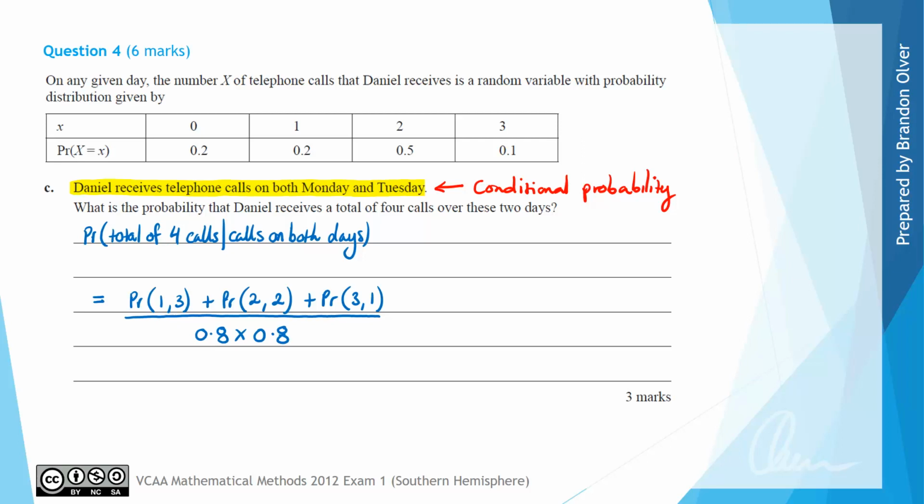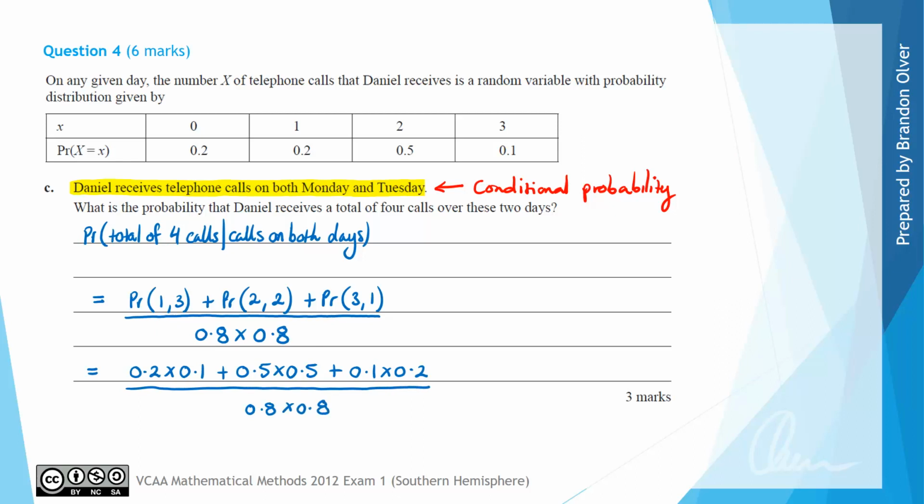So this equals the probability of getting 1 call, 0.2, times the probability of getting 3 calls, 0.1, plus the probability of getting 2 calls multiplied by the probability of getting 2 calls, plus the probability of getting 3 calls on the Monday and 1 call on the Tuesday, all divided by 0.8 times 0.8.